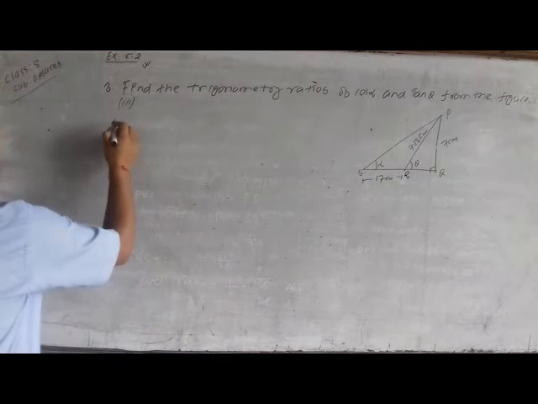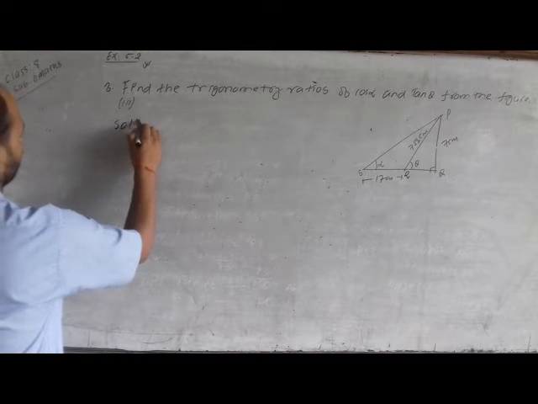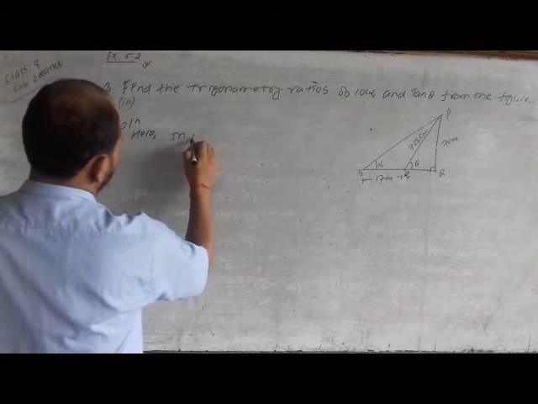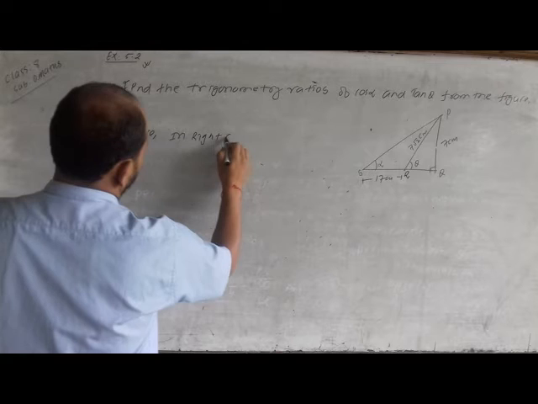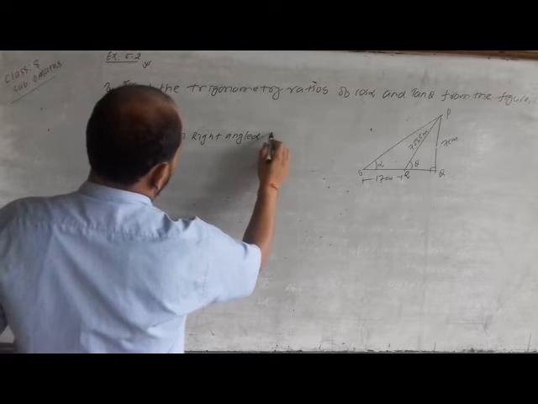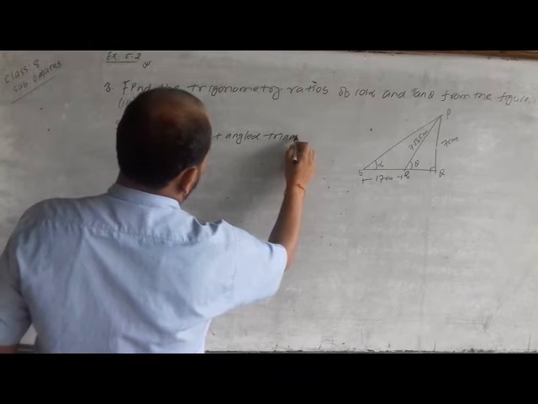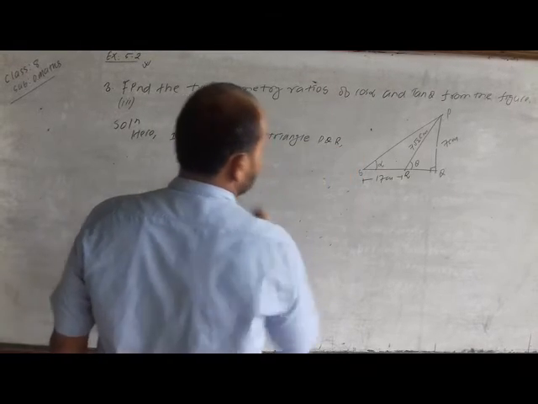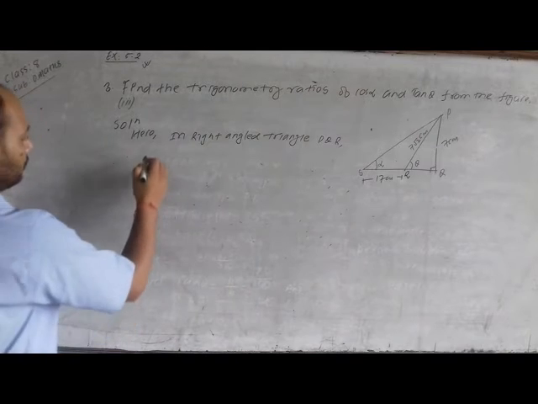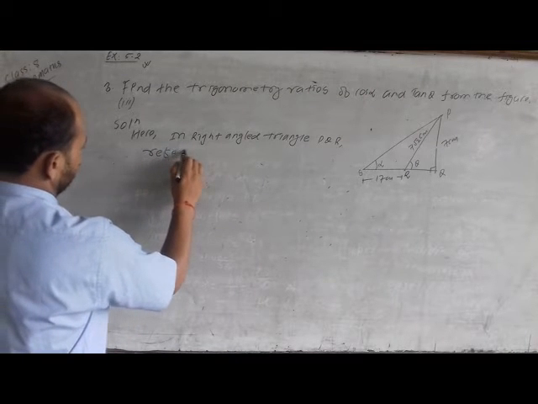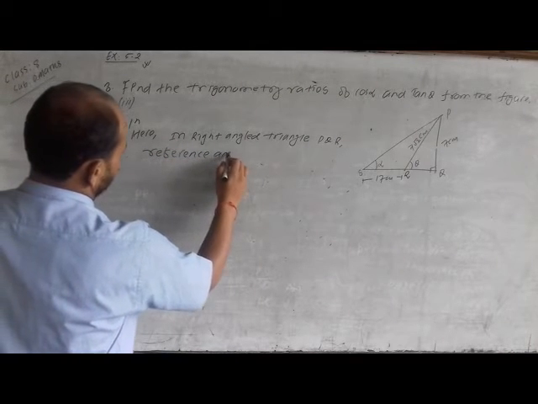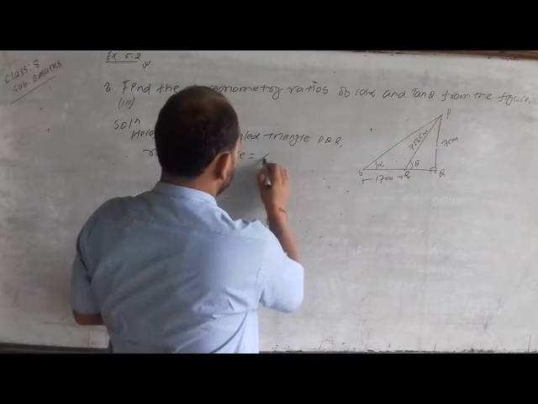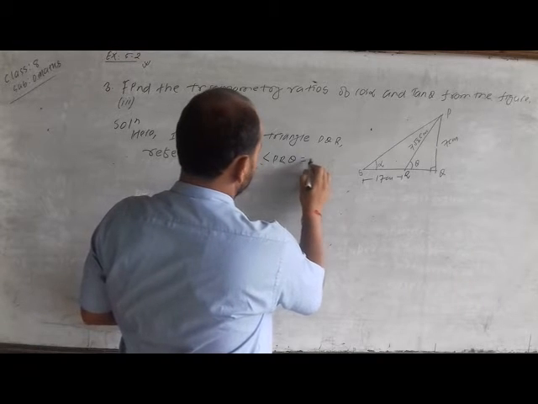Now look here. Solution. Here in right angle triangle PQR, in right angle triangle PQR, reference angle is equal to, which angle is given? PRQ is equal to theta.